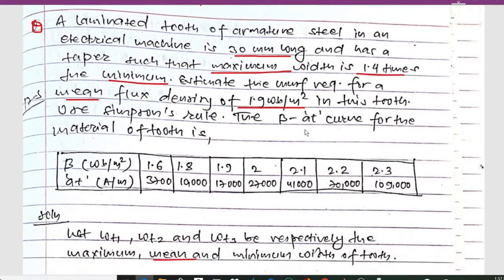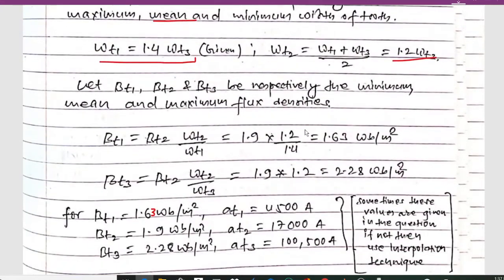So in place of BT2 we have 1.9, and WT2 is 1.2 WT3, and WT1 is 1.4 WT3. So you get 1.9 into 1.2 upon 1.4.